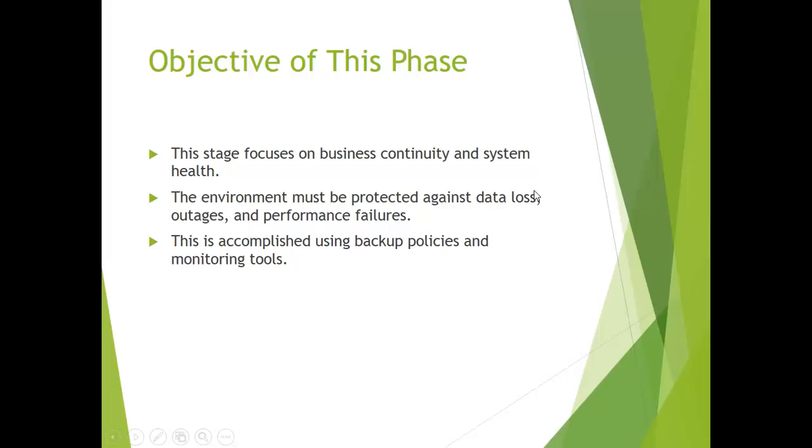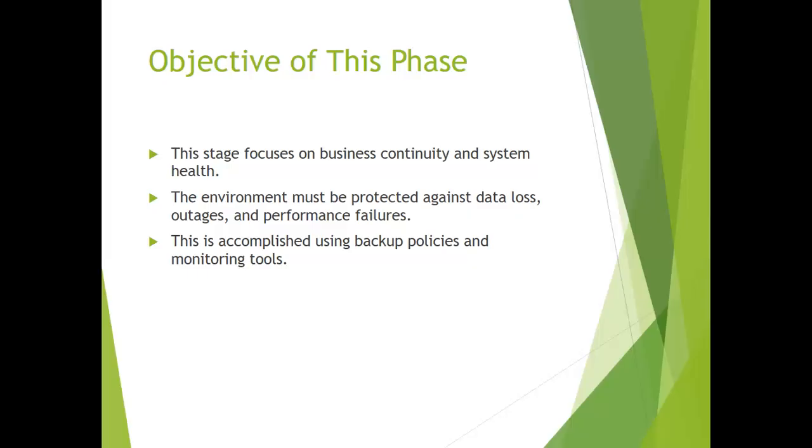Going on to the next slide, the objective of this phase. The primary goal of this phase is business continuity and system health. A properly designed environment must be resilient against failures, outages, and unexpected data loss.